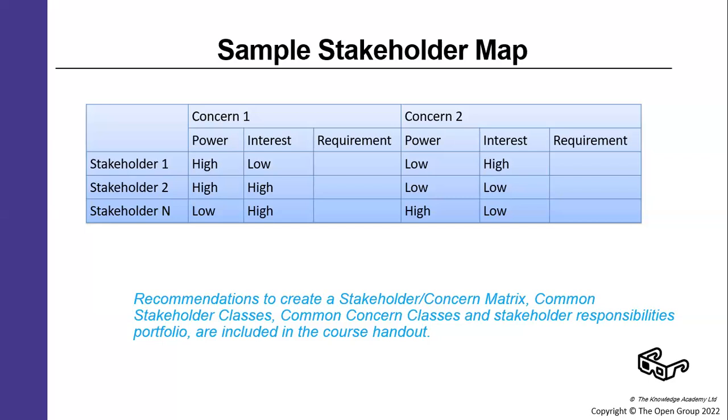It is a visual representation of the people involved in the project. Here, if you look, stakeholder 1, 2, etc., concern 1, concern 2, etc. We also create a stakeholder concern matrix, things like that.